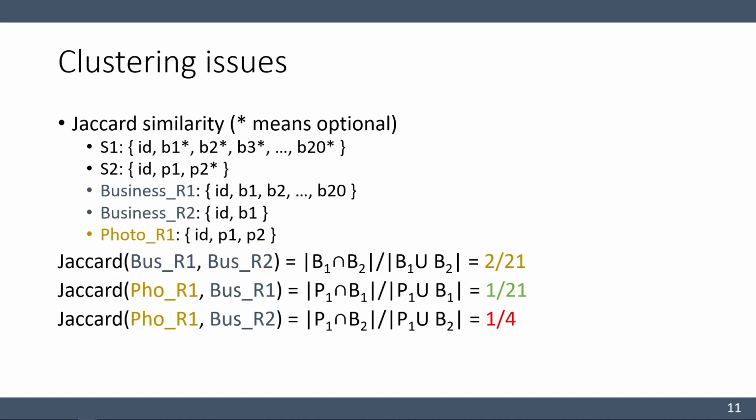Even more so than business record 1 is similar to business record 2. And this exact pattern is what we see in our synthetic Yelp dataset. Large, highly variable business events that share a join key with small, stable photo events. Likewise, Euclidean distance and cosine distance encounter similar problems, and from testing, this isn't a problem that can be fixed by regularizing by multiplicity or some other biasing function.